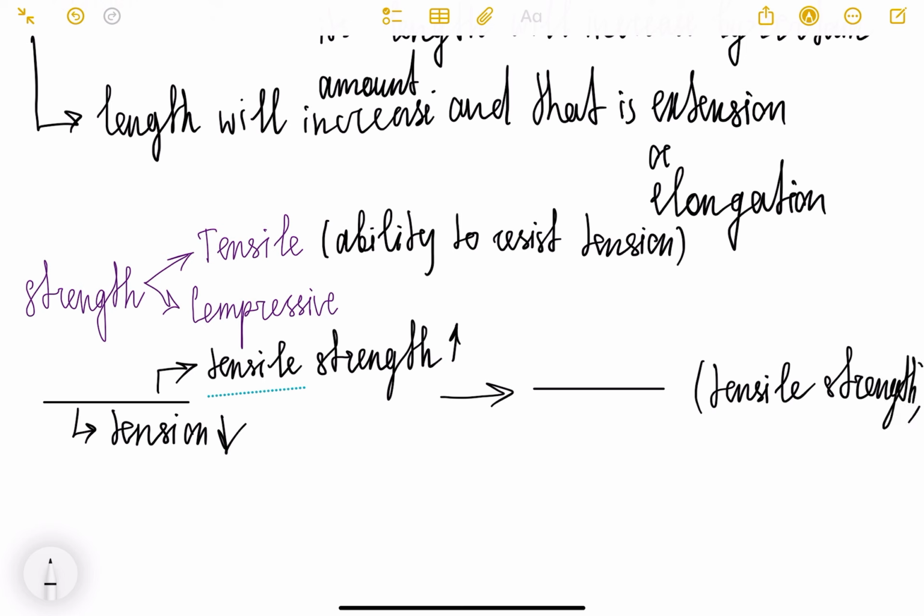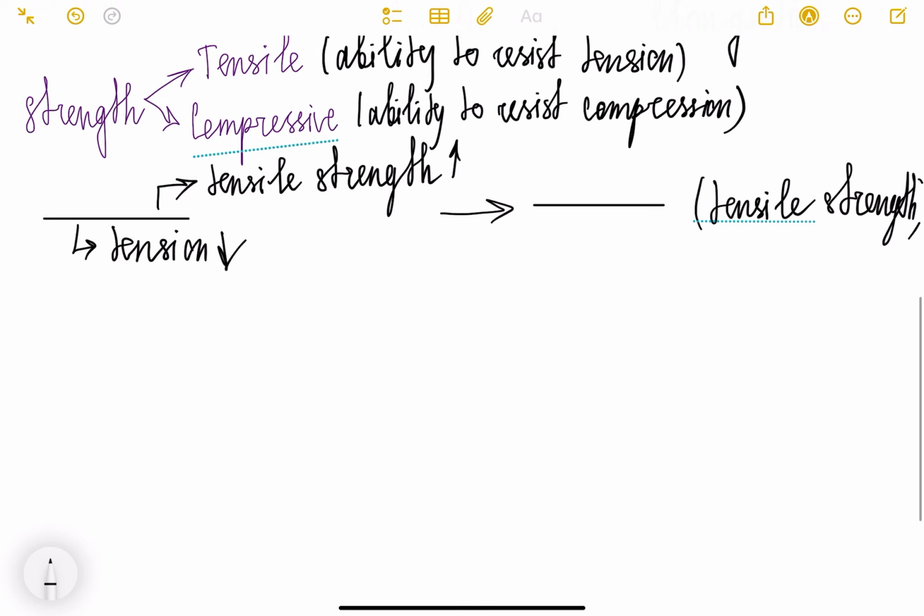Okay. Then compressive. What is compressive? This is the ability to resist compression. Very obvious, right? Ability to resist compression.